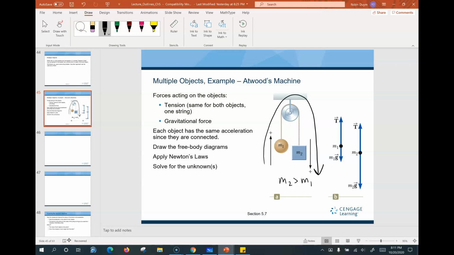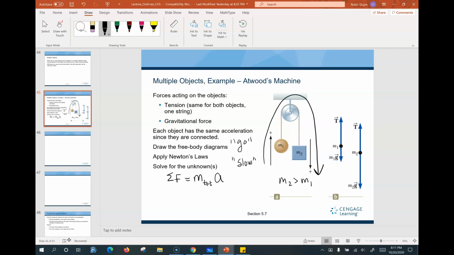So we are going to apply Newton's second law to the system. That's going to be the total mass times the acceleration of the system. So we just have to sum up all of the forces, the ones that are going to make the system go and the ones that are going to make it slow.